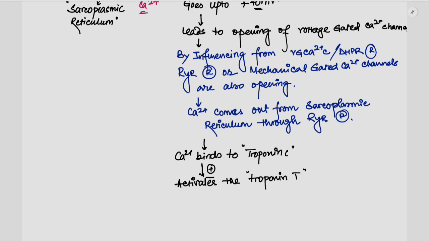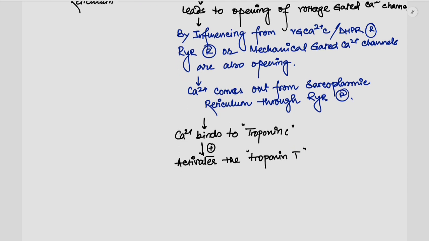So it's happening in the sarcomere itself. It is happening at the molecular level, right? So next is movement of tropomyosin from the myosin binding site of actin. Basically, it tries to unmask the myosin binding site over actin.